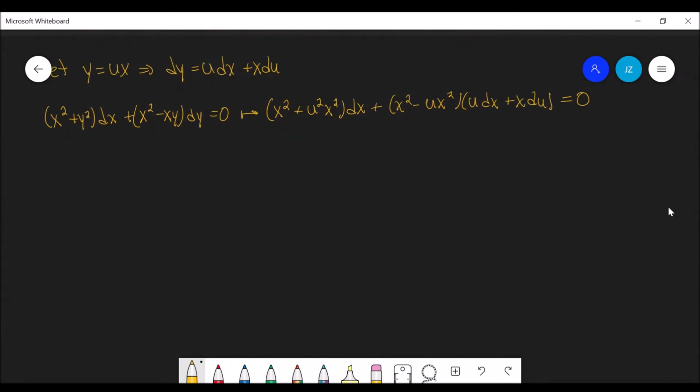We need to simplify this some more. So we are now going to FOIL this.